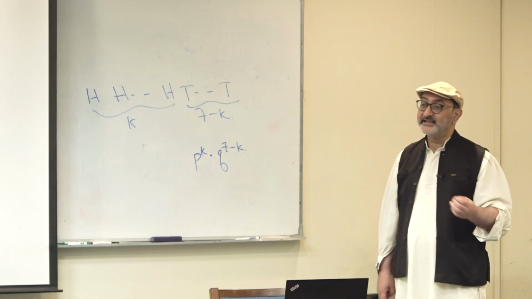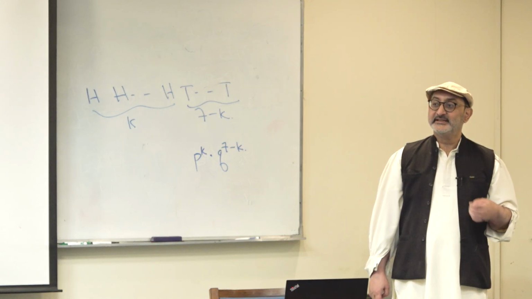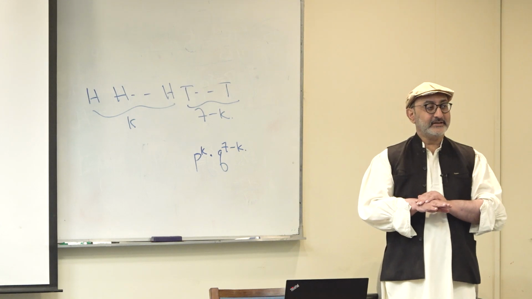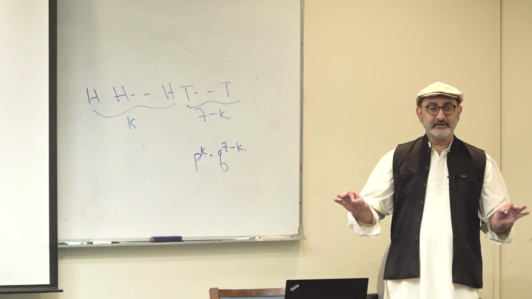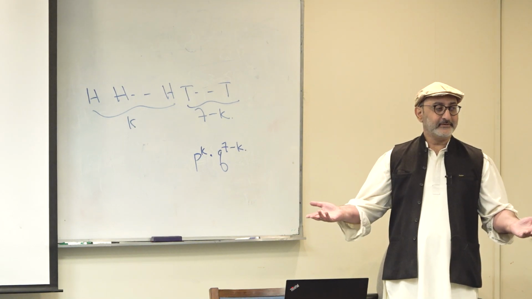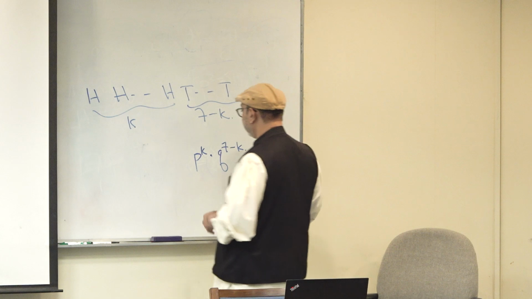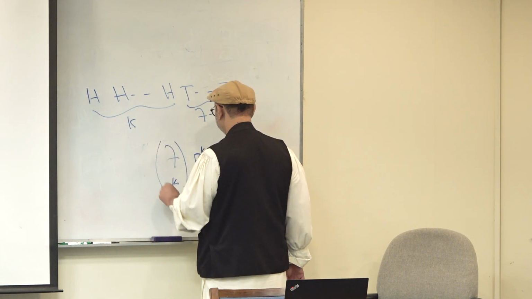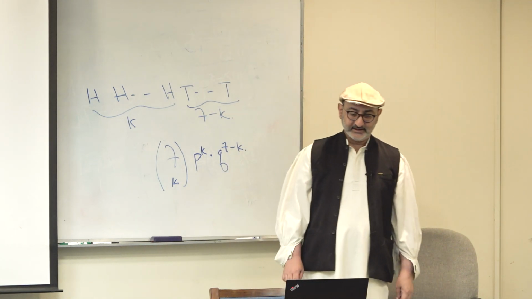Okay, how many such sequences are there? 7 choose k, right? There are 7 choose k ways of selecting where the h's are going to go, and then you're left with the rest for the t's. So the probability is 7 choose k, P to the k, Q to the 7 minus k.